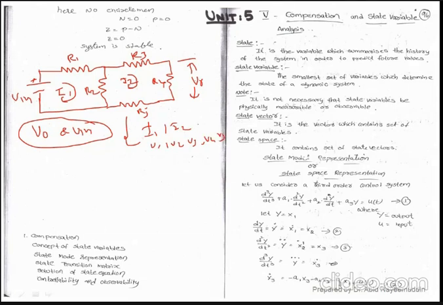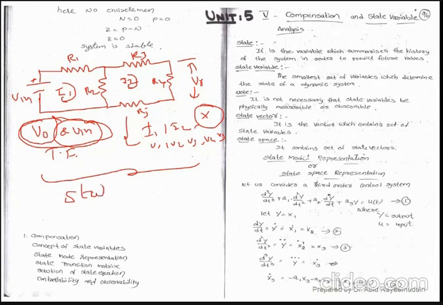All this information is not given by your transfer function. You only get the relationship between initial input and final output. That is known as the transfer function concept. But knowing complete information of all the variables is known as state variables, which we discussed in the previous class.